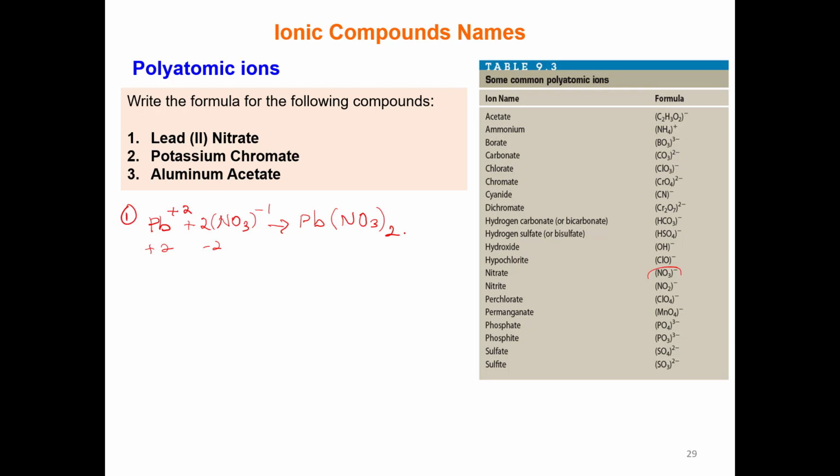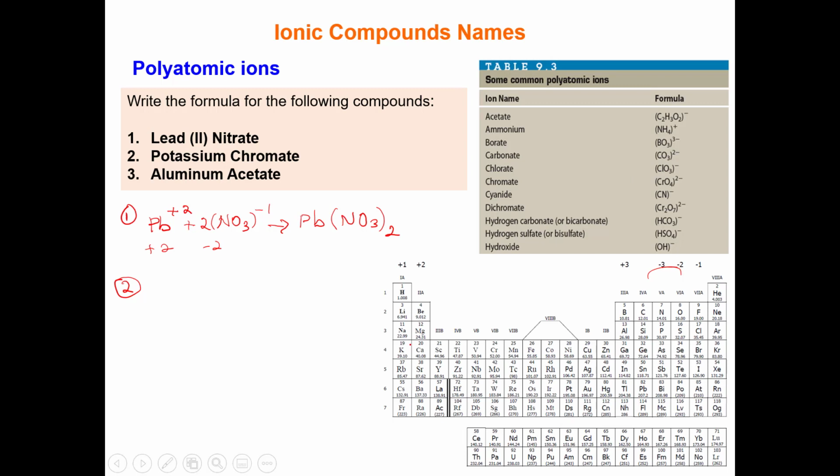And let's try number 2, which is potassium chromate. Let's see where chromate is here. And let's see potassium. Potassium is in the first group, then it's +1.